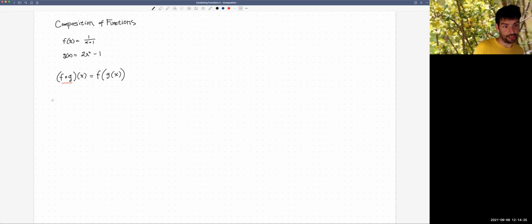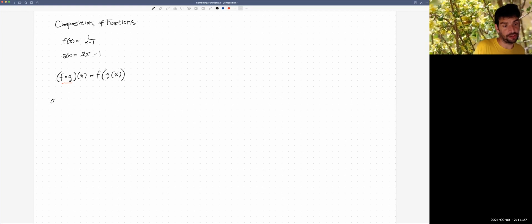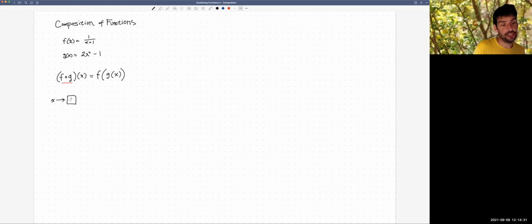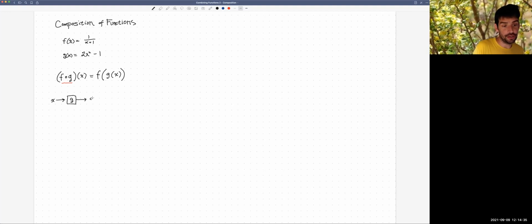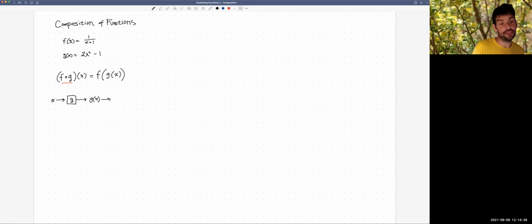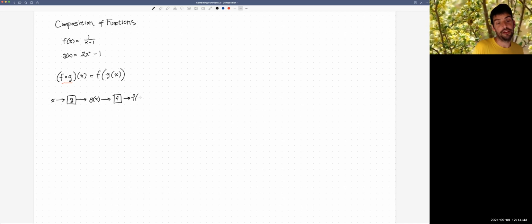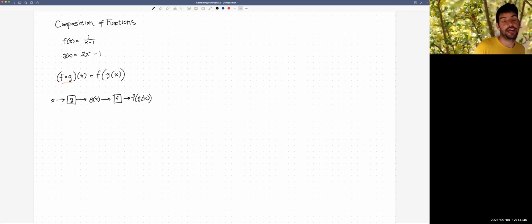If we think of our little function machines, we start with x, we put it into our function g, g spits out a new number, g of x, we put this into the function f, and then f spits out f of g of x.